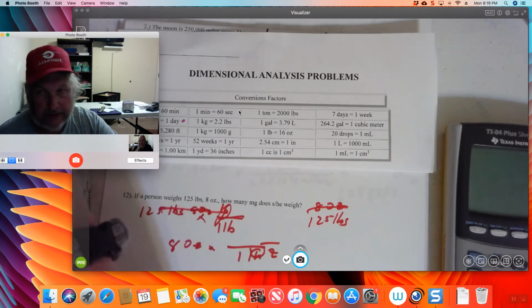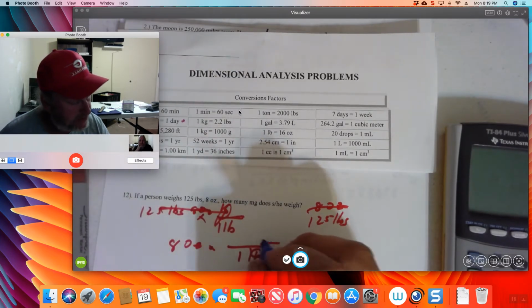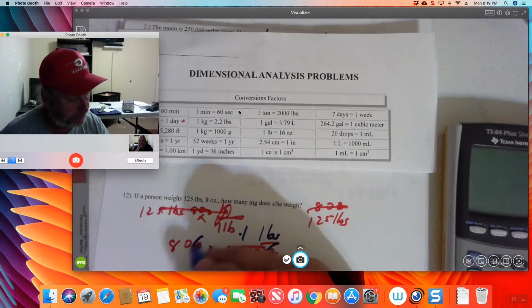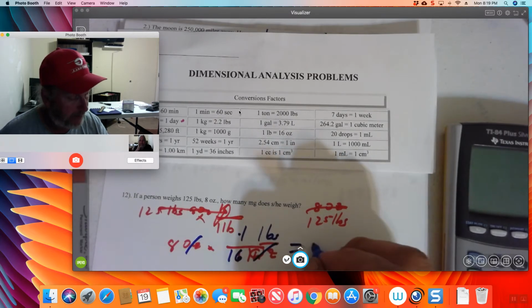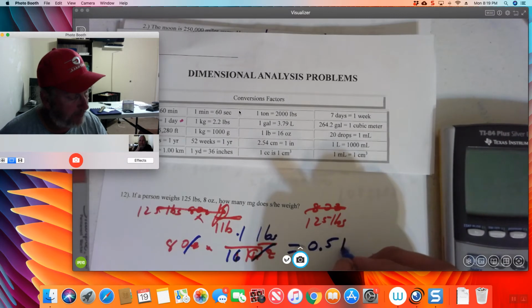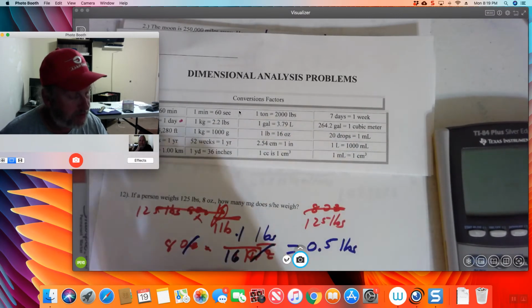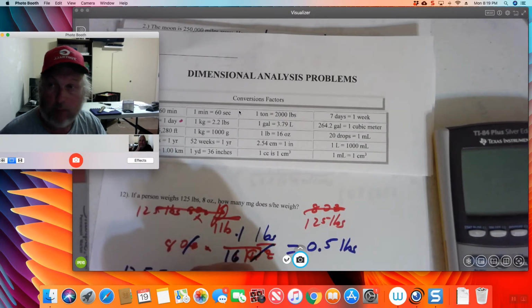I've got to do that because I want to cross out ounces and I want pounds. So 1 pound equals 16 ounces. If I do that, I'll find that 8 ounces is 0.5 pounds. That tells me I've got 0.5 pounds plus 125 pounds. I'm going to start with 125.5 pounds.